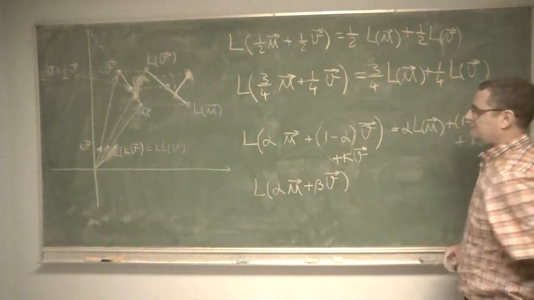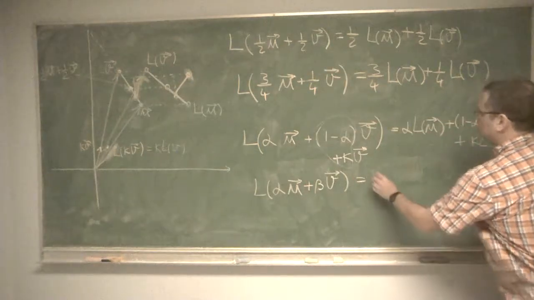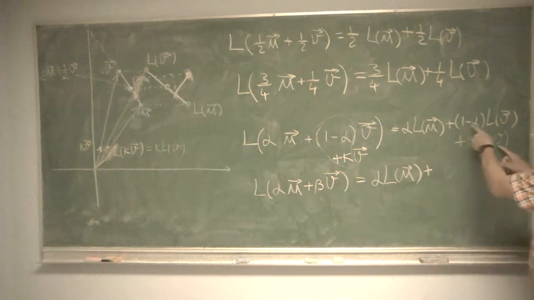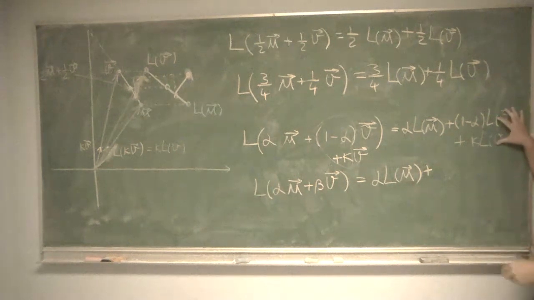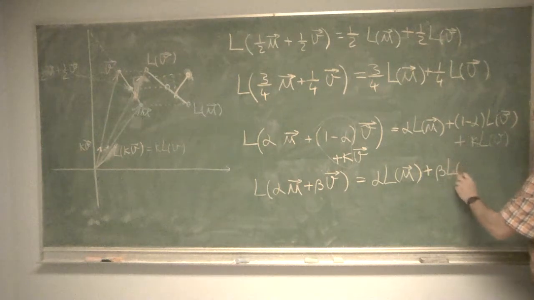This vector, that's actually an arbitrary vector in the plane, gets mapped to alpha L of u plus 1 minus alpha plus k times vector L of v, so that's beta L of v.